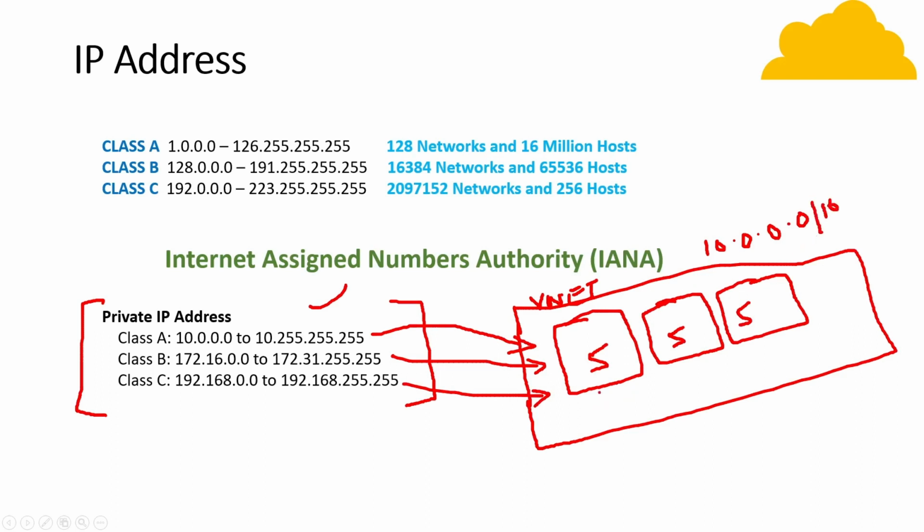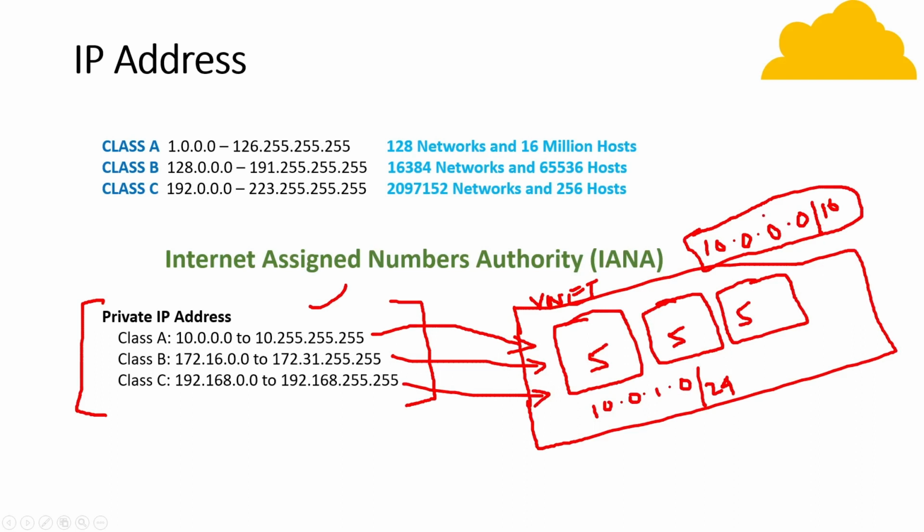So I'll be able to create a subnet of 10.0.1.0 with a 24-bit subnet mask. So I have broken this particular bigger virtual network into smaller networks.